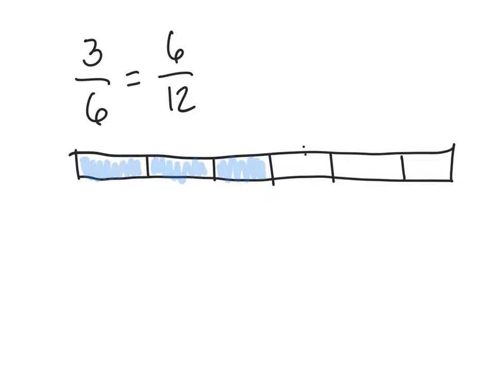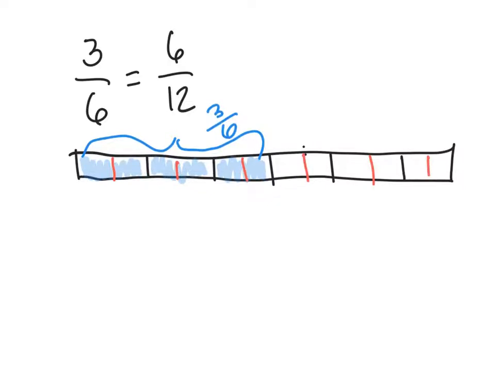So this section right here represents 3/6, because it's broken up into 6 pieces, and that's the denominator, and we colored in 3 pieces, and that's the numerator. So now we have to actually start cutting this up in half so we could have it equal 6/12.